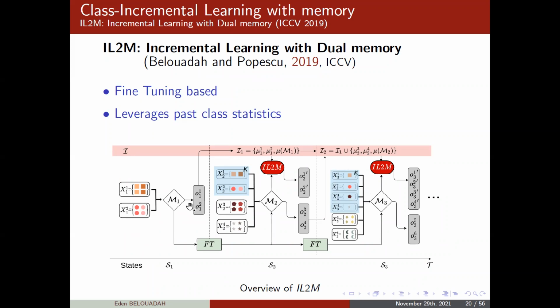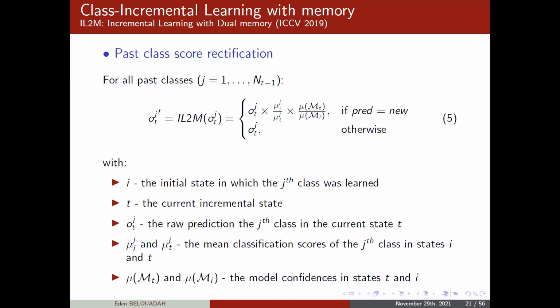Now, when I move to the subsequent states, the past classes, meaning class 1 or 2 that were new in the earlier state, now have scores that are degraded in this state, so they are low. And so the basic idea behind this formula is that I take the score of the past class that is bad in this state, multiply it by the score in the initial state that is higher, and divide it by the mean score in the current state that is a low value.